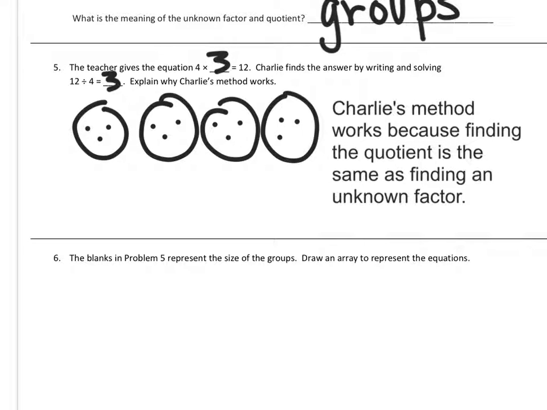Charlie's method works because finding the quotient is the same as finding an unknown factor.